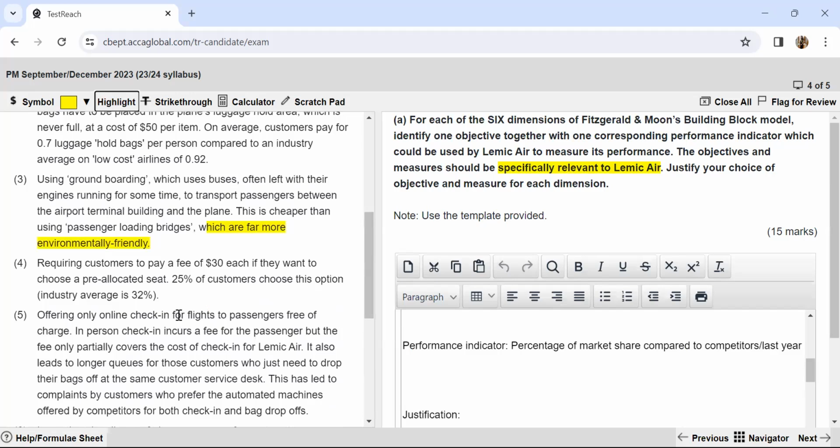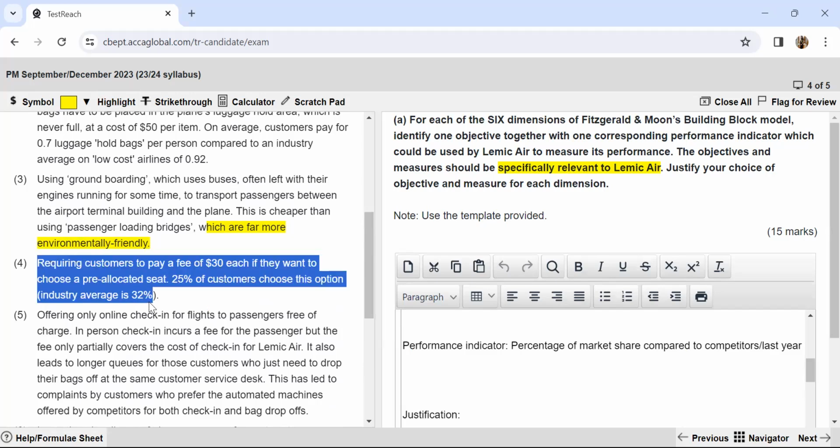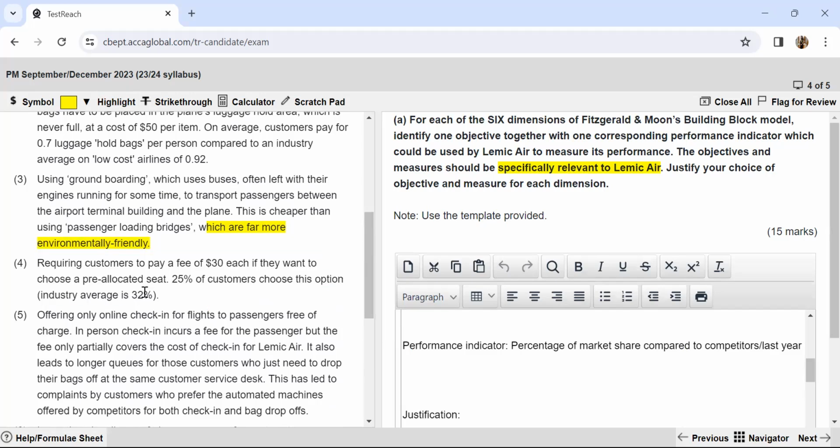Right. Moving on. Requiring customers to pay a fee of $30 each if they want to choose a pre-allocated seat. 25% of customers choose this option and the industry average is 32%. Over here also, the problem is that we are lagging. The industry average is 32% and ours is only 25%.